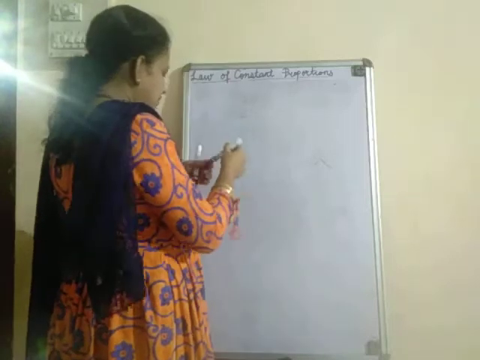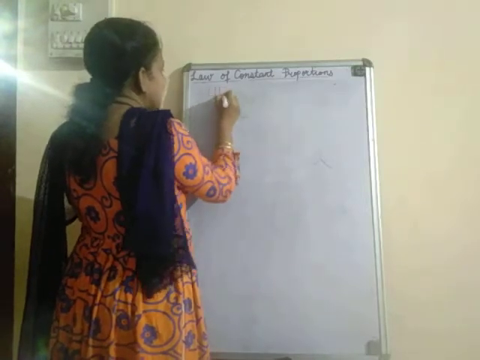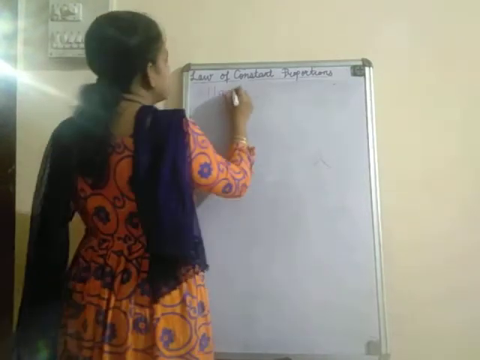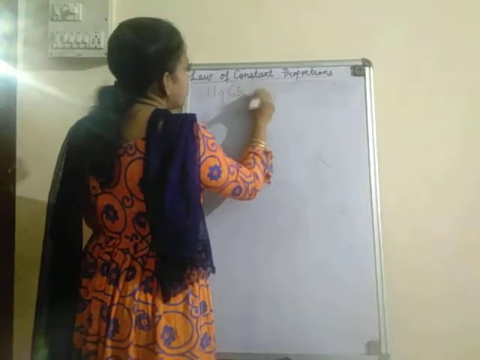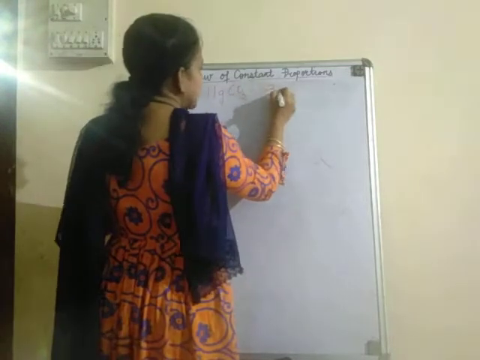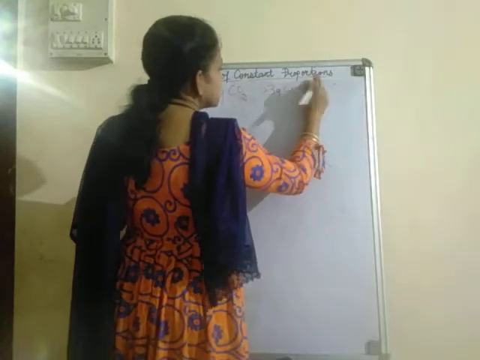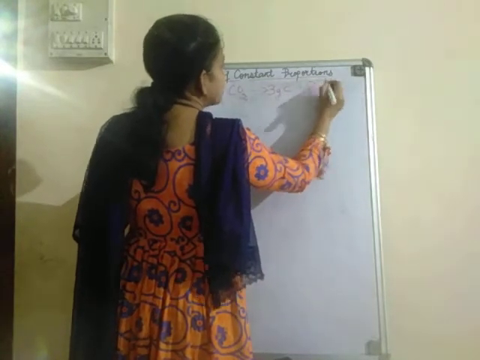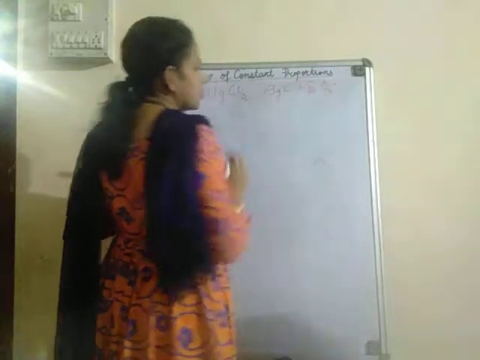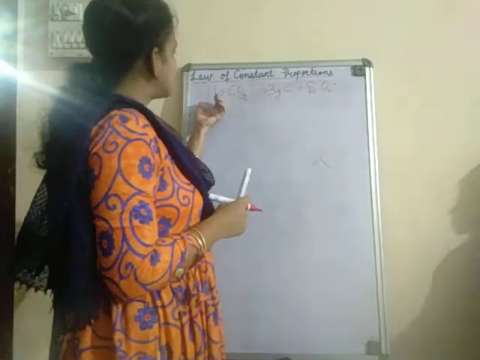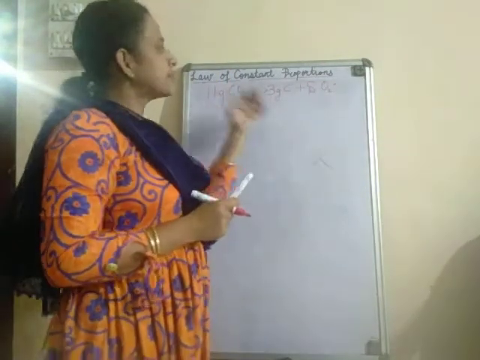Now let us take an example. When we take 11 grams of carbon dioxide, we get 3 grams of carbon plus 8 grams of oxygen. Okay, 3:8, because the proportion has to be always 3:8.